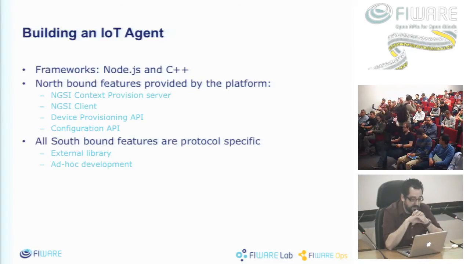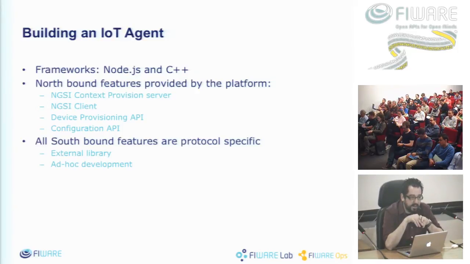In the specific case of Node.js, what we provide is a library that provides all the northbound features you should need in order to create an IoT agent. It provides the device configuration and the device provisioning and configuration APIs.